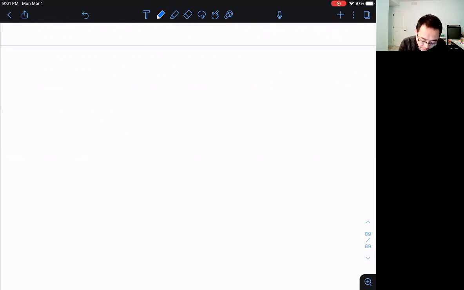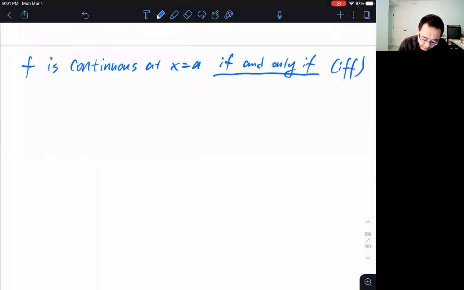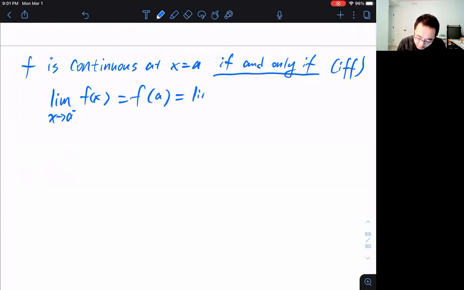Now, just a quick review. We said a function f is continuous at x equals a if and only if, sometimes this phrase is expressed as IFF, so if you see that, that means if and only if, the limit of f of x as x approaches a from the negative or left side equals f of a, by plugging a in for x, and that also equals the limit as x approaches a from the positive or right-hand side.